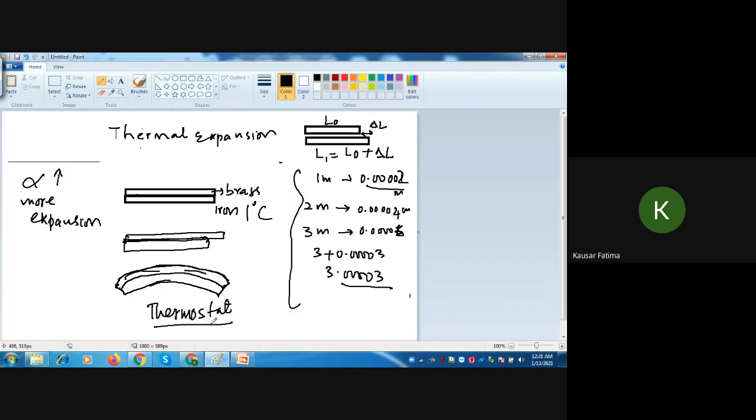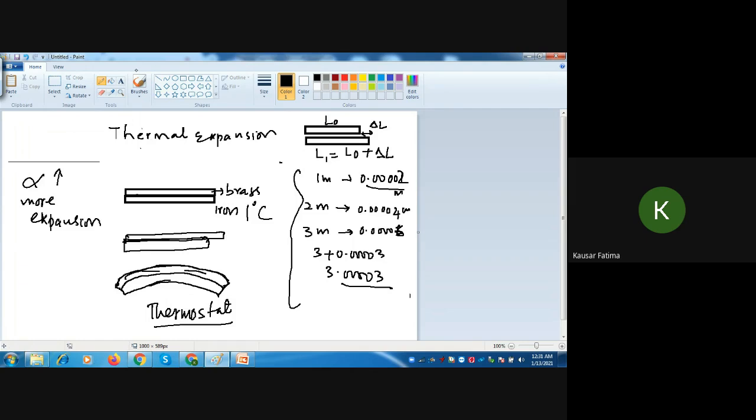We use this bimetallic strip in thermostats. A thermostat is one major part in an electric iron. It causes automatic turning on and off of the electric iron. So how does it function? And one thing more: brass expands more on heating and it is on the outer side.